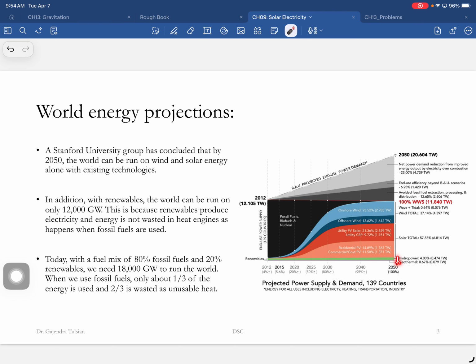And what these guys are saying is in 2050, when you're running the world on renewable alone, all you need is 12 terawatts to run.